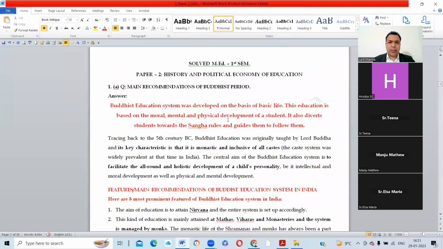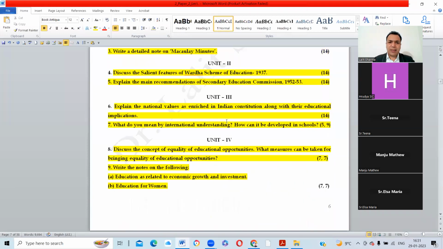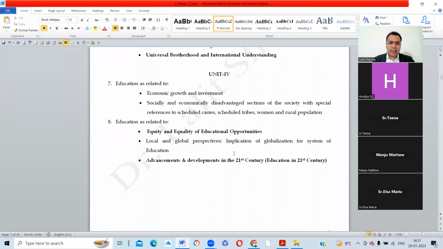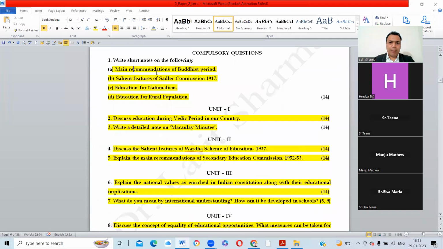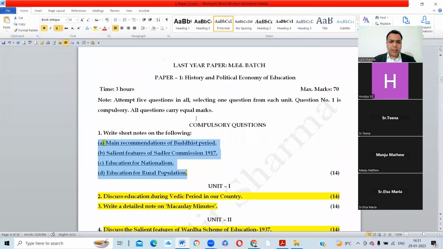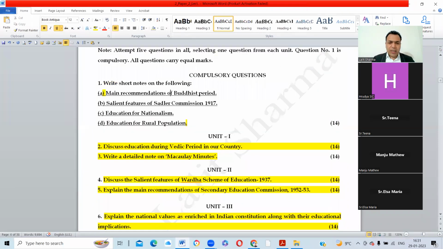First I have solved the compulsory section questions. See, in the compulsory section there are 4 questions: main recommendations of the Buddhist period, salient features of Sadler Commission, education for nationalism, and education for rural populations.